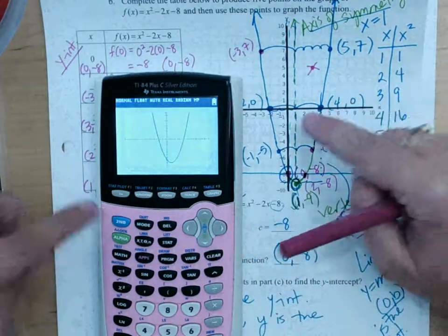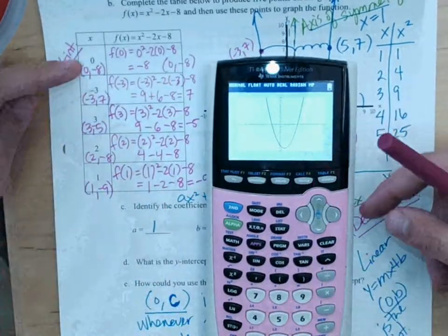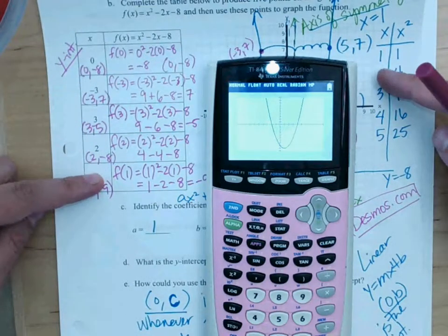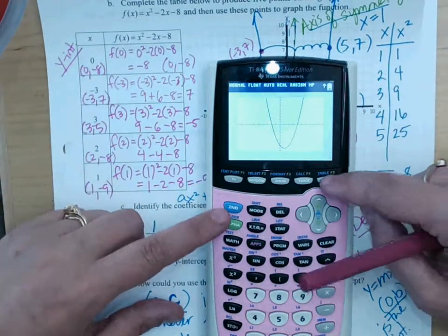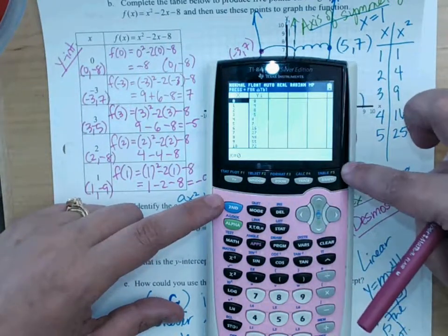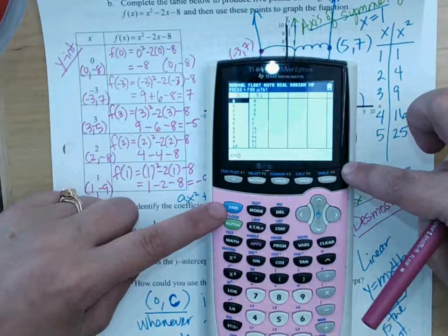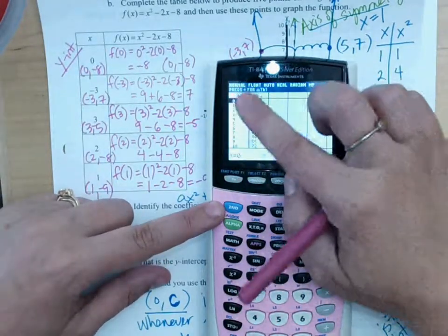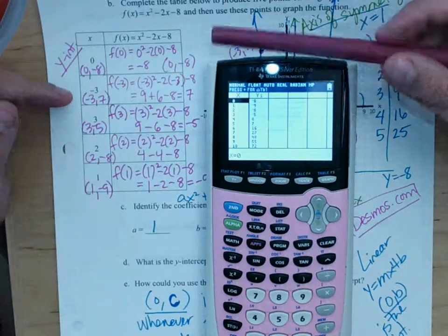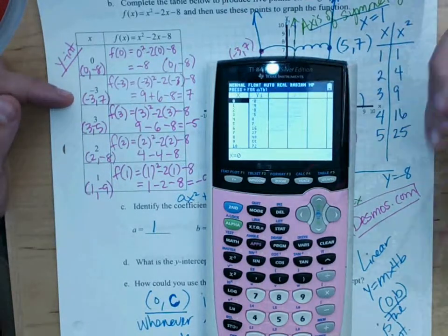And if I want to find the table of values, so see how we plugged in all of these numbers in order to plot the points? I can go second table, because everything in my calculator in blue is controlled by the second key, and I can see they actually have a lot more points than I do. But there's the point 0, negative 8.